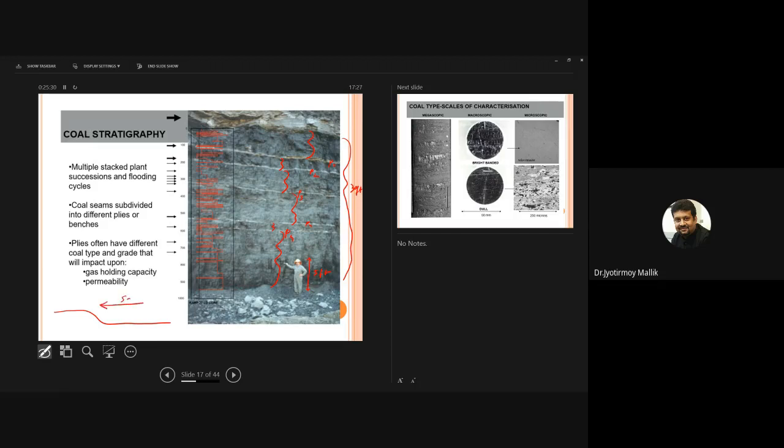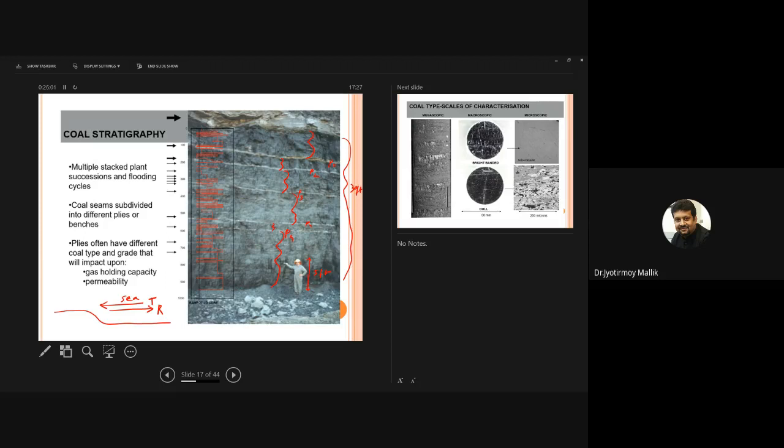The sea essentially comes up to the land, and then again the sea retreats back. So when the sea comes back to the land, a maximum flooding surface is generated. Okay, and the process is called transgression, and then the sea retreats back to its original position, and that is what we call regression, transgression and regression. So one transgression and regression actually forms a cycle.